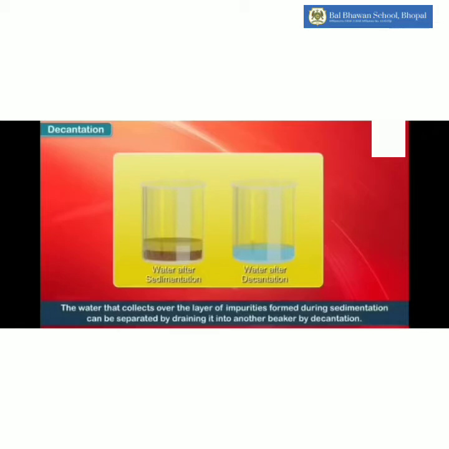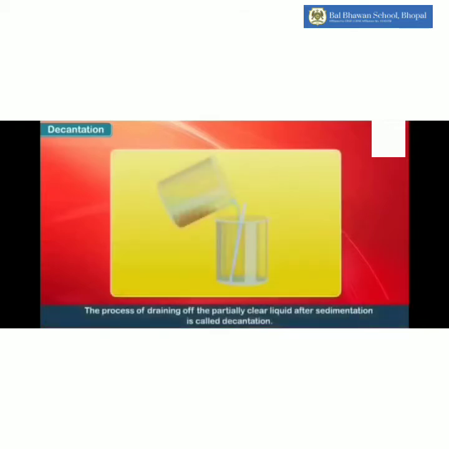The water that collects over the layer of impurities formed during sedimentation can be separated by draining it into another beaker by decantation. The process of slowly pouring the clear liquid, leaving the sediments behind, is called decantation. It is always done after sedimentation.